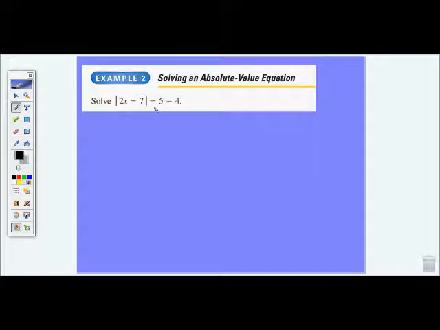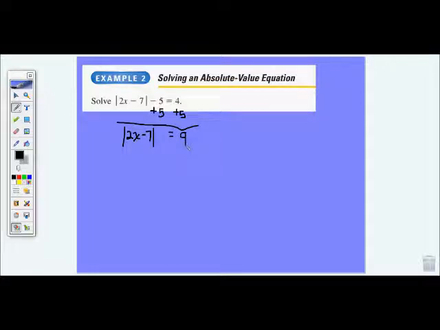So I am going to get rid of my extra constant term first, using balanced equation. And then I end up with just the phrase 2x - 7 that was in the absolute value symbol. And on the other side of the equal sign, I would get 9.